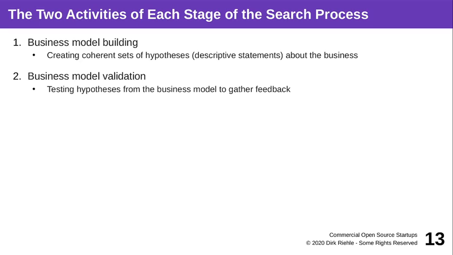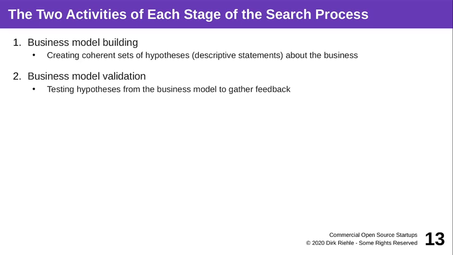So the idea is that within each stage of the search process, you generate hypotheses, make clear your assumptions, and then you test those assumptions or hypotheses to see whether they are true.